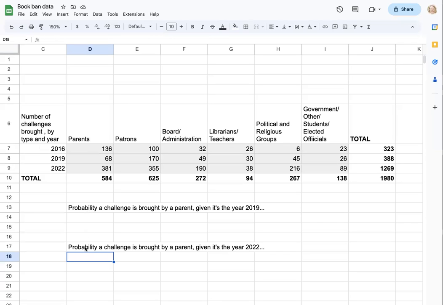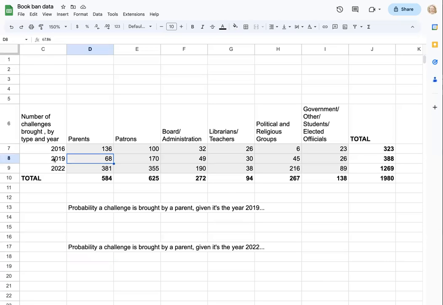So I have 2 questions here so that we can practice computing conditional probabilities. Find the probability a challenge is brought by a parent given it's the year 2019. So the part we want to focus on is after the word given, because given takes us from the 1,980 challenges and it reduces it to only the challenges that are in 2019.